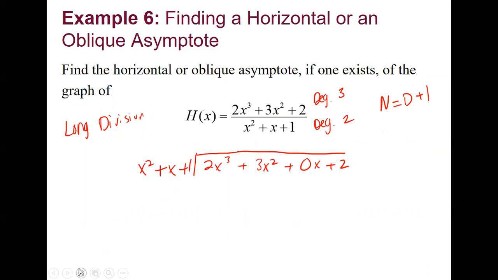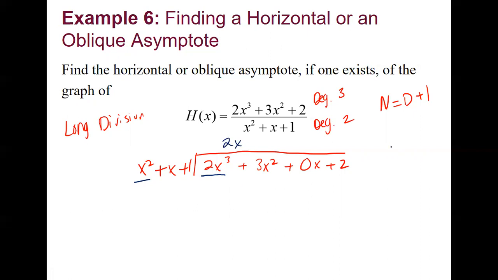So we have x squared plus x plus 1. When you're doing long division, you divide, multiply, subtract, bring down. I'm going to ask myself, 2x cubed divided by x squared is what? 2x. Agreed?